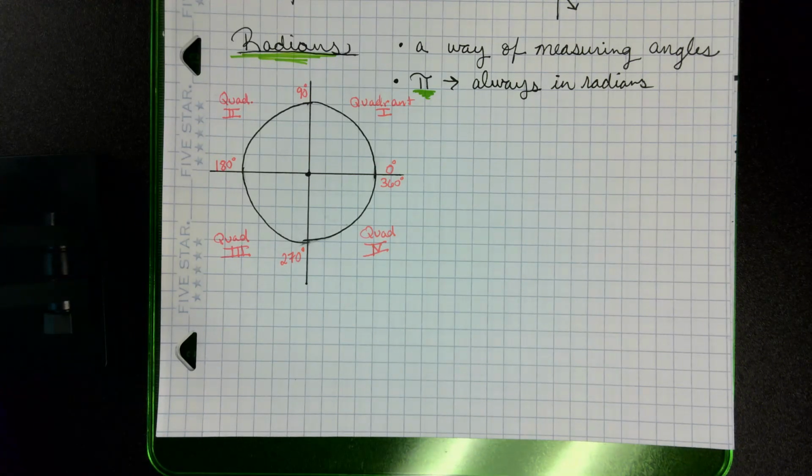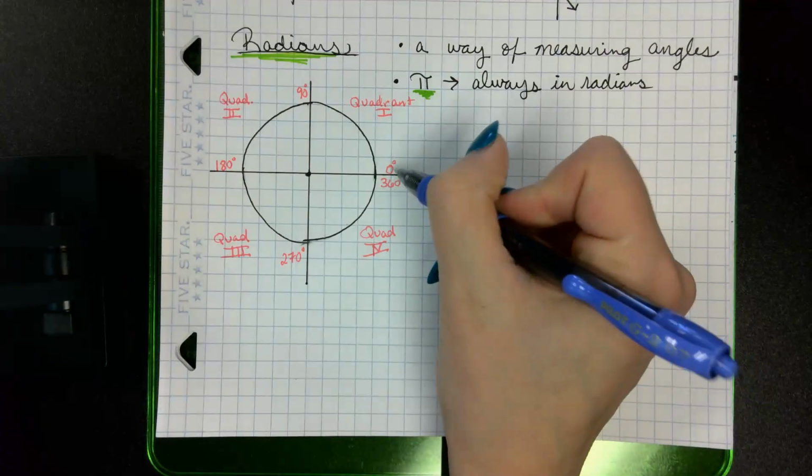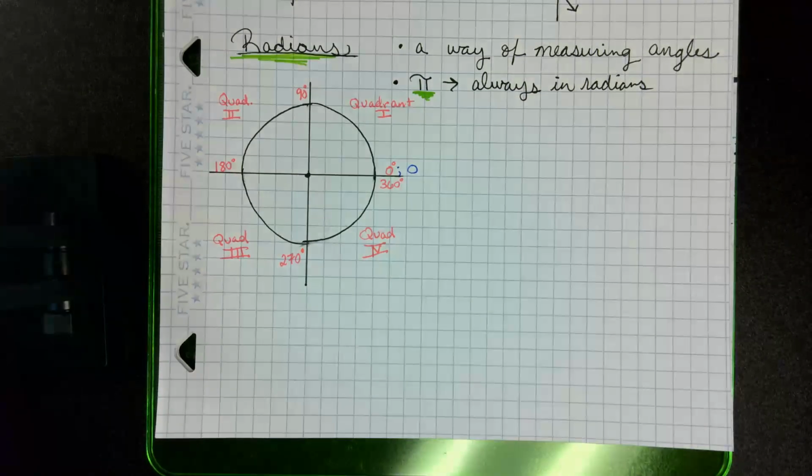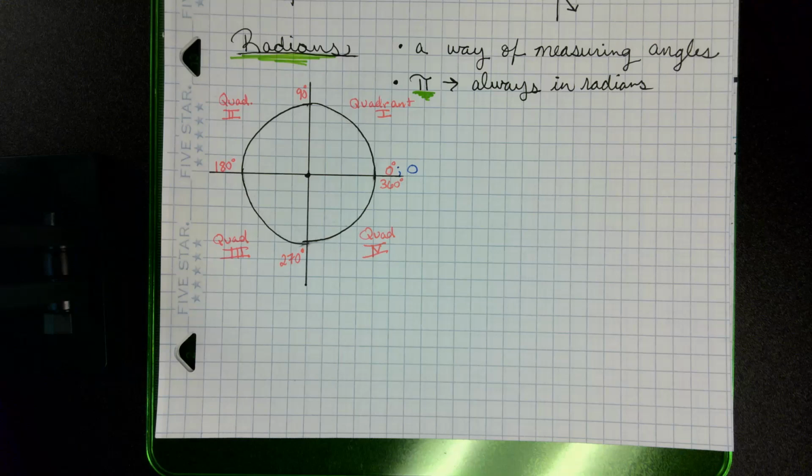So now if we want to put these in radians, radian measure, 0 degrees is going to be 0 radians. That's nice, right? Nothing crazy happened with 0. 0 degrees is 0 radians. We just got rid of the degree symbol.